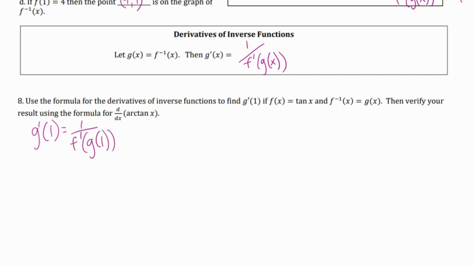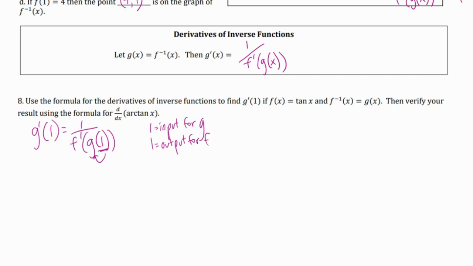Okay, well, f is equal to tan inverse. I'm sorry, f is equal to tan. So what I want to show you is 1 is the input for g, right? So if 1 is the input for g, then 1 is the output for f. I'll even write this down. 1 equals input for g, then 1 is the output for f.